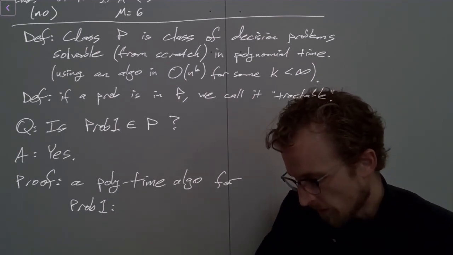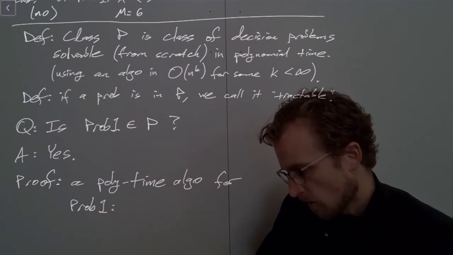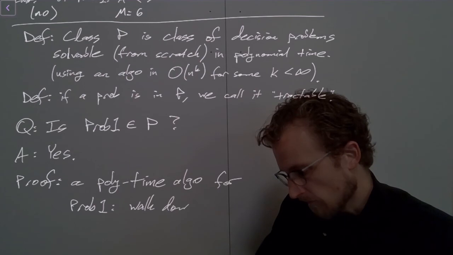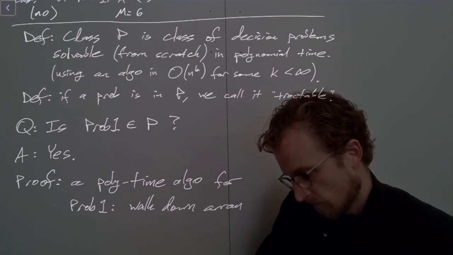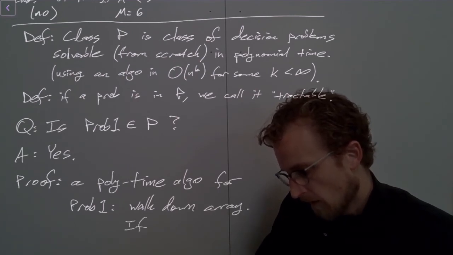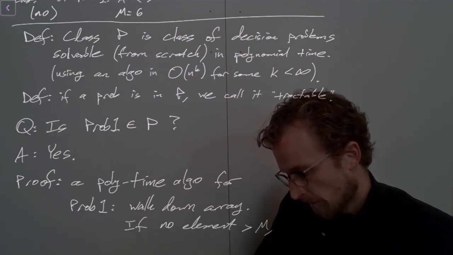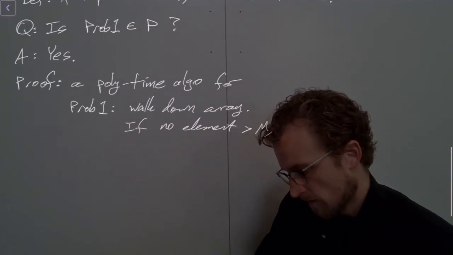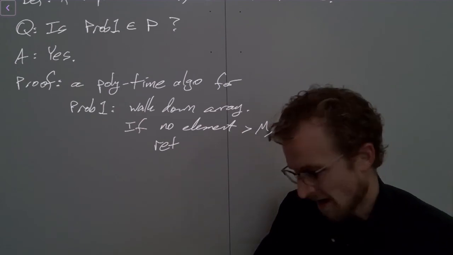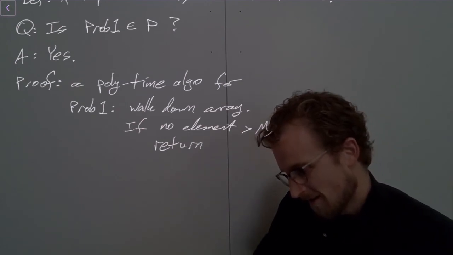So a polynomial time algorithm for problem 1 is: walk down the array, if no element is greater than m, return no. This is the sloppiest, most informal pseudocode you'll see.